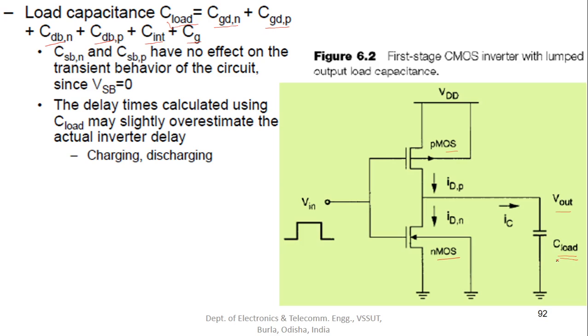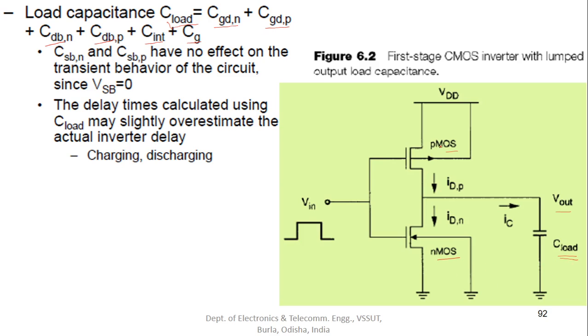This C load is the combination of all those capacitances that we had seen in the previous diagram. So there is a single lumped capacitance at the output terminal, which is the summation of all those capacitances we had shown individually. This is the simplistic view.